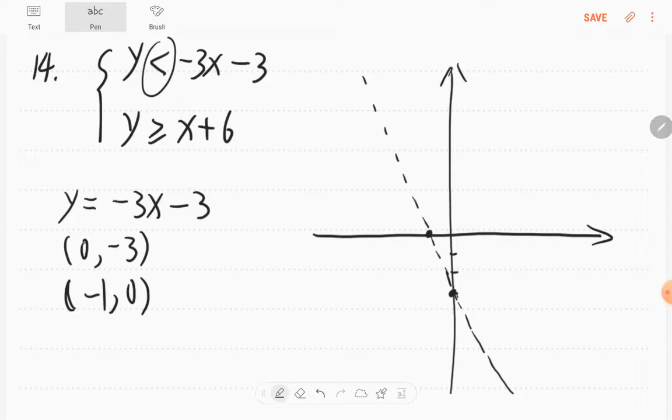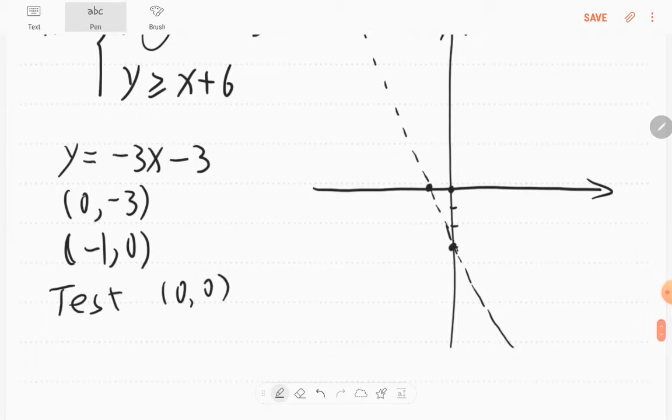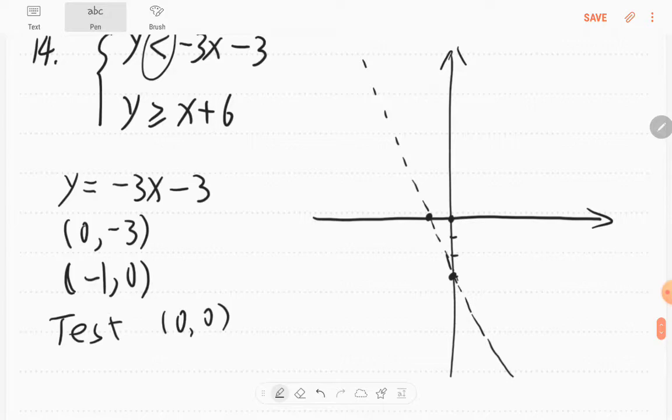So which part? The left part or the right part? We just need to test a point. If the origin is in one of the regions, then we just test the origin. So we test 0, 0. How to test it? You just plug in to see if this is true.